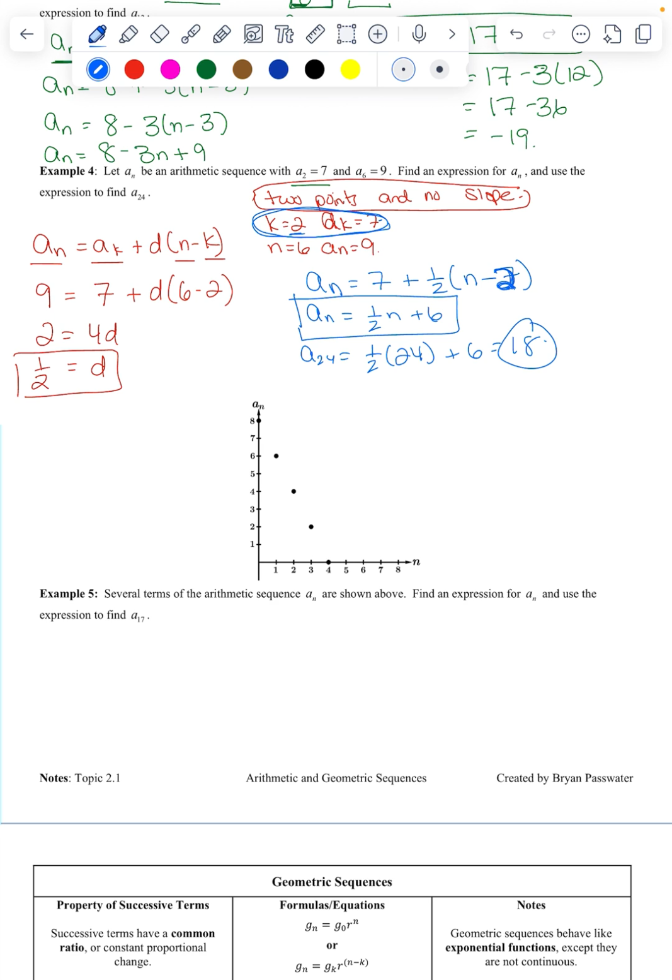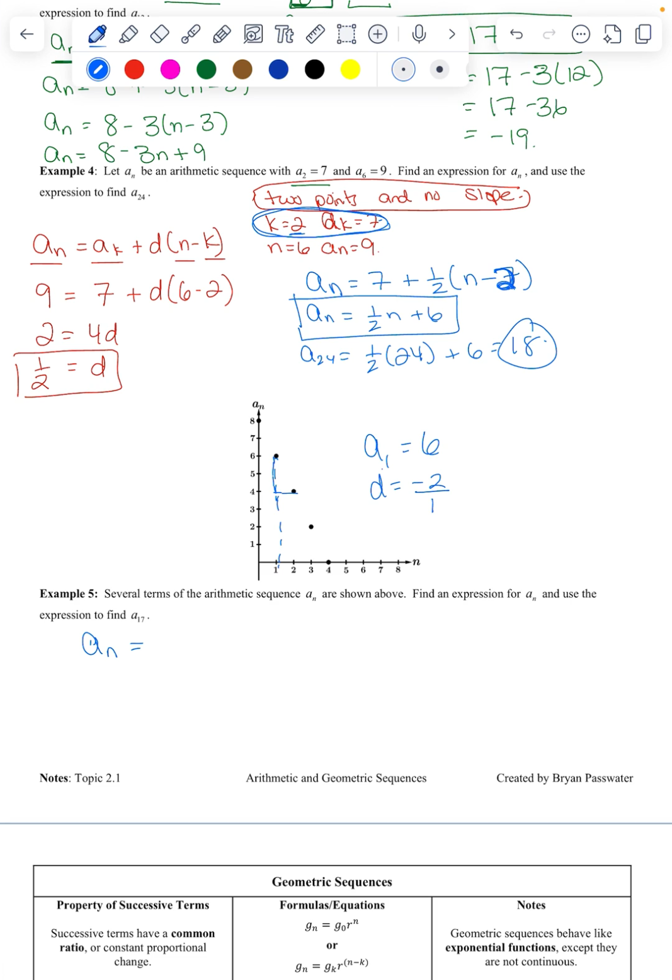I'm going to use that a of 1 is equal to 6, and then figure out what my common difference is. Looking at this graph, it's down 2, right? Rise -2, run 1. So rise over run, my common difference is -2. So I have my a of 1, which is 6, and I have my common difference.